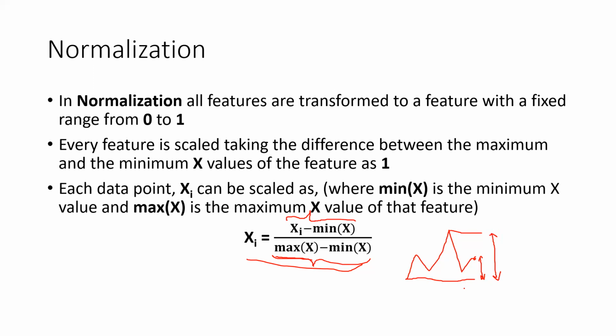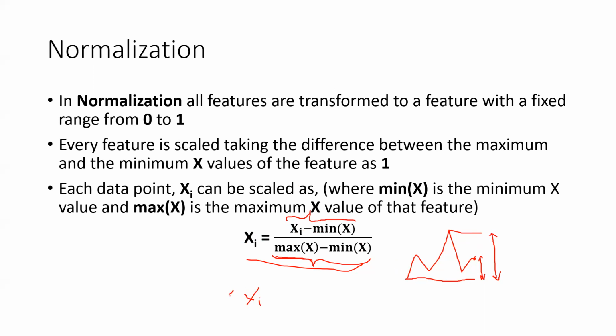In this case, because max minus min is always greater than x minus x min, the x value minus the minimum value is always positive, and it is always lesser than the maximum minus minimum value. Because of that, this value is always between 0 and 1.